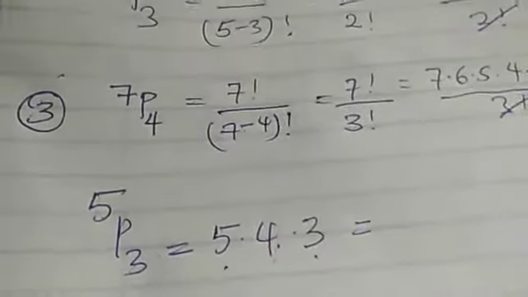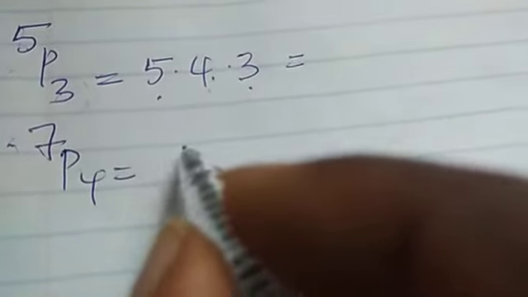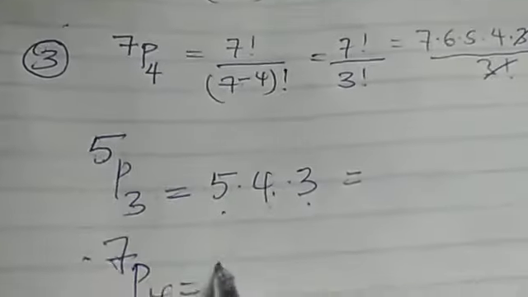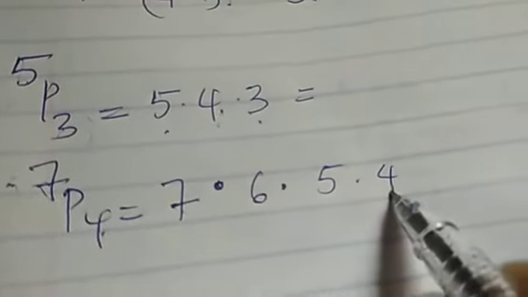Also, 7 permutation 4. That one simply means I should reduce 7 and stop at the fourth number. And that will be 7 times 6 times 5 times 4. This is the fourth number. So that will be 7 permutation 4.